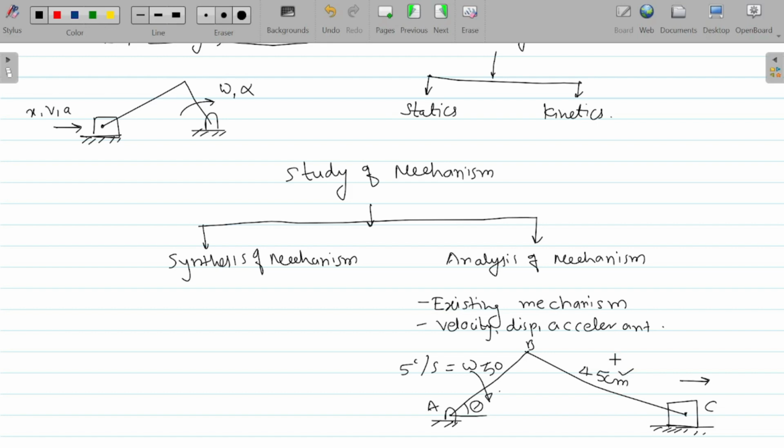When we are having the ready-made, existing mechanism, and for that mechanism we are finding out such things like what will be the velocity, displacement and acceleration, that is known as an analysis of mechanism.